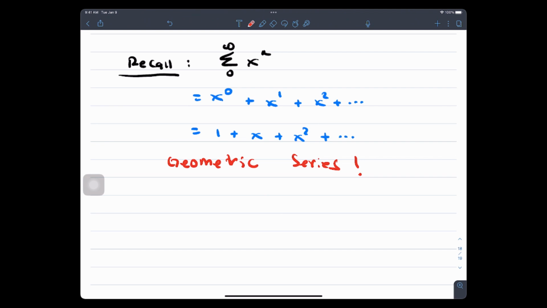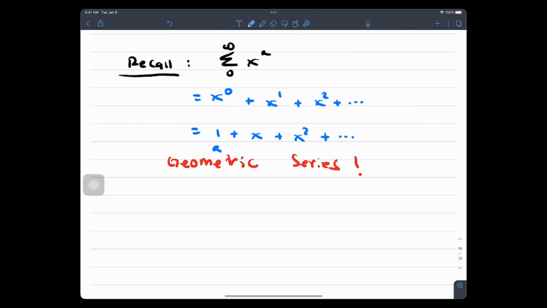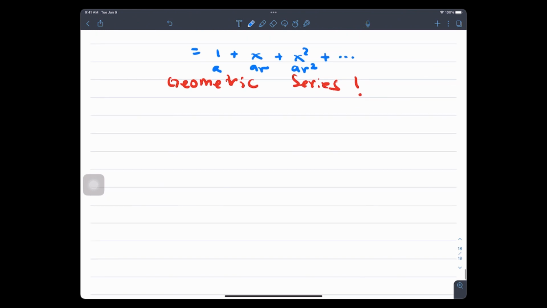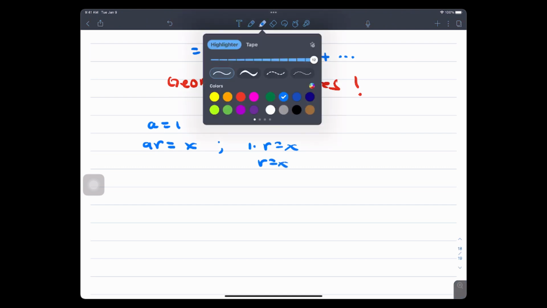And remember what I said. What do you really care about? You care about the values of x for which you get convergence. So, geometric, a, ar, ar squared. Isn't a 1? ar is x? What does that mean? That means 1 times r is x. That's r is x.